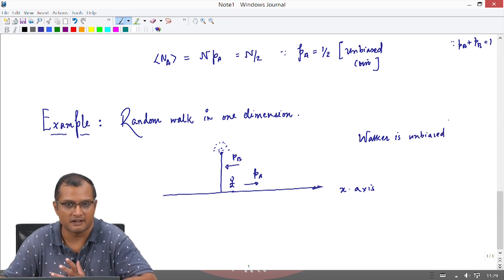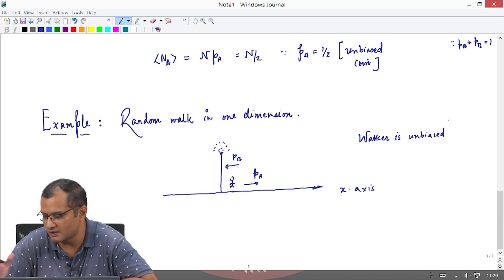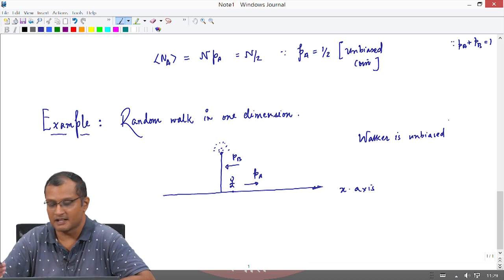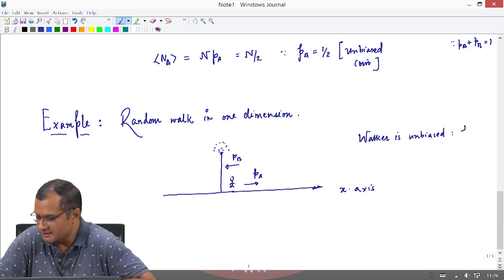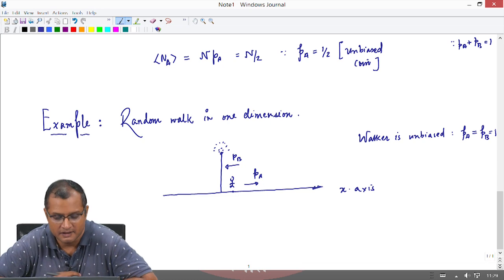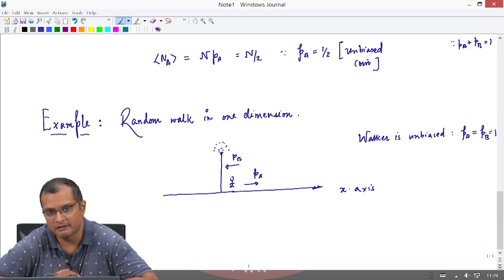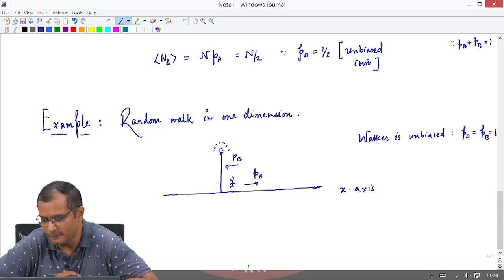Naturally, this has to be a drunkard walker. Okay, he has consumed so much alcohol that he does not know where to go. He is unbiased, which means he is sufficiently drunk for his probability of forward step and the backward step to be equal. Okay. He is taking steps in the forward direction and the backward direction with equal probability.